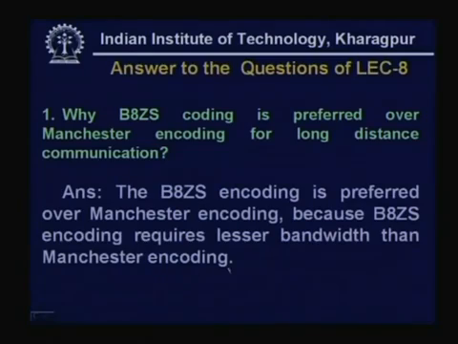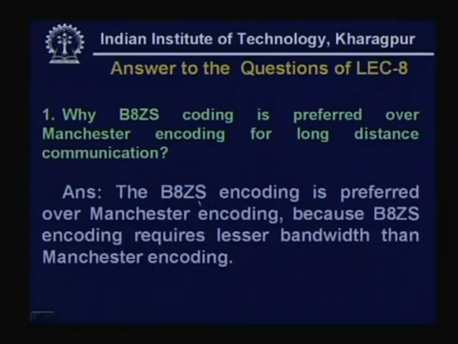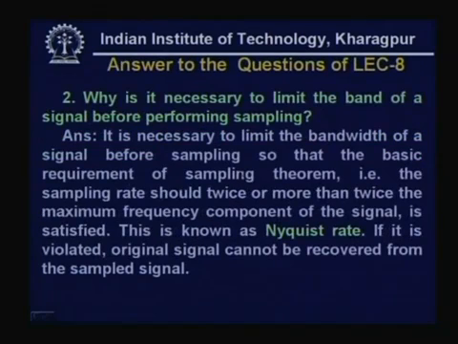But Manchester encoding has a bandwidth almost twice the baseband signal. So we see that B8ZS has less bandwidth, which is useful. That is why it is preferred for long distance communication.